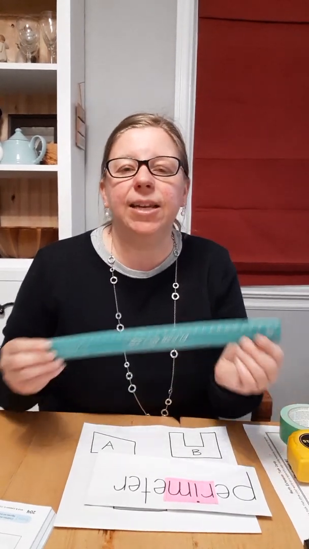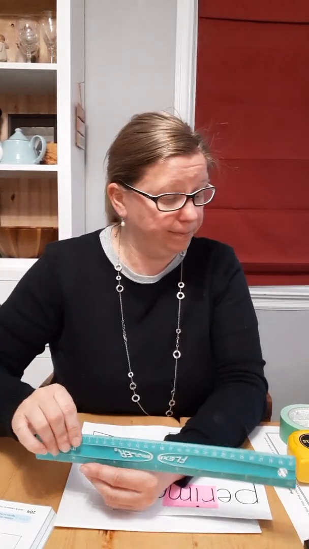Yeah, that's right. We need to measure it in sections. So yesterday you had practice measuring parts of a line, and then you had to add up those segments, those parts of the line, to get the total length of the line. That works the same way when you're measuring the distance around.